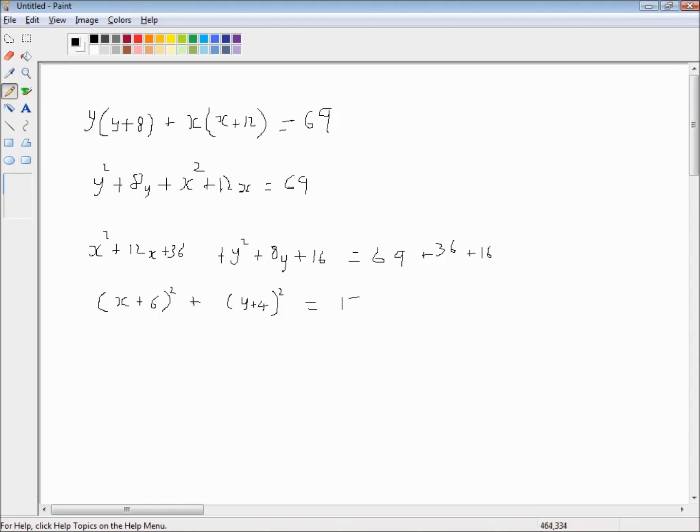So that's 121. I don't know why my maths failed me there. You could either just use a calculator if it's a calculator paper, and if it's not a calculator paper, you can just use the pads and you can just write it out. So you do 69 plus 36, rather than risk making mistakes like I did, trying to hold too much in your head at the same time.